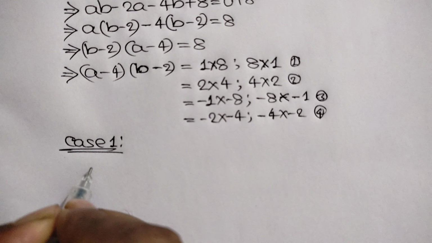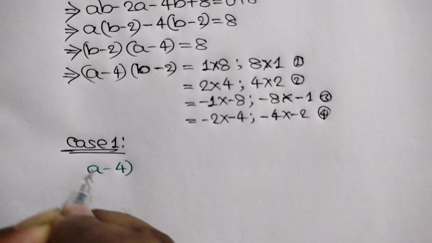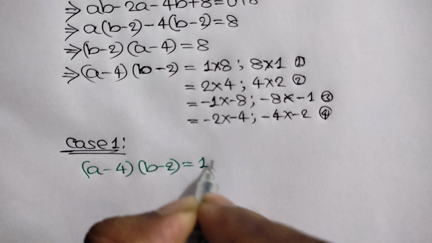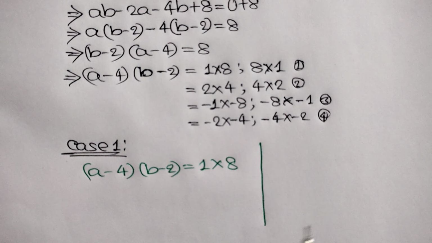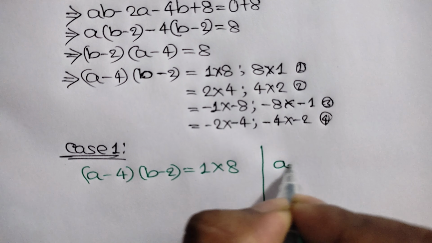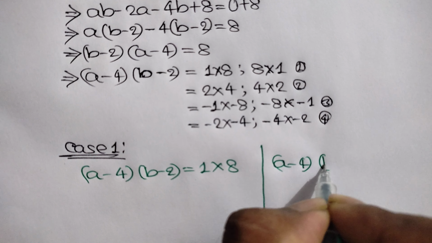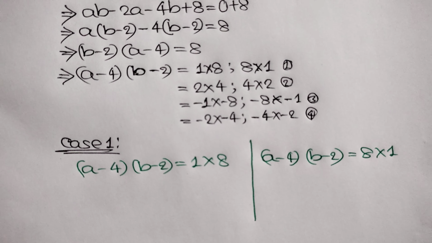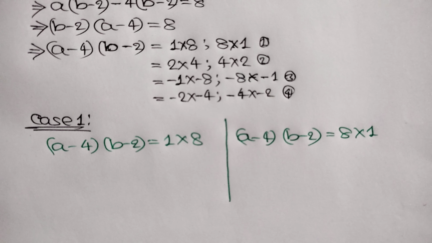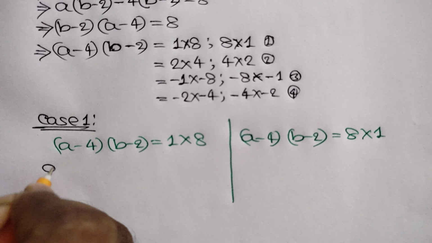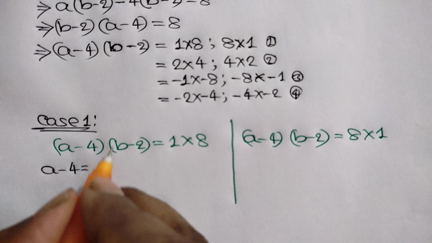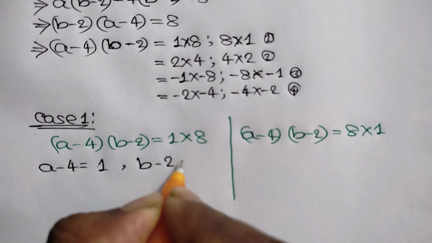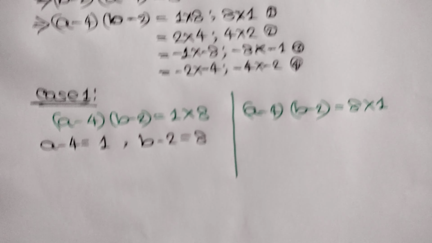Case 1, we can write a minus 4 times b minus 2 is equal to 1 times 8, or a minus 4 times b minus 2 is equal to 8 times 1. So we can write a minus 4 is equal to 1 and b minus 2 is equal to 8.